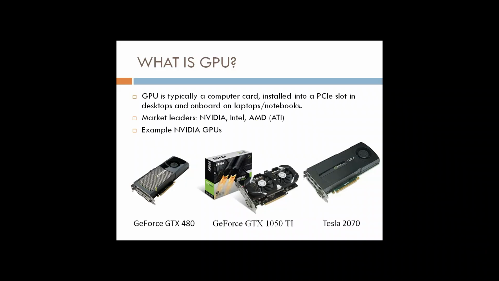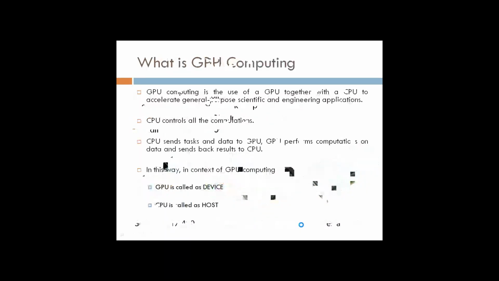Some pictures of GPUs are GeForce GTX 480, GeForce GTX 1050 Ti, Tesla 2070, right? NVIDIA has hundreds of GPU cards with different hardware capability. Now we will see what this hardware capability means.